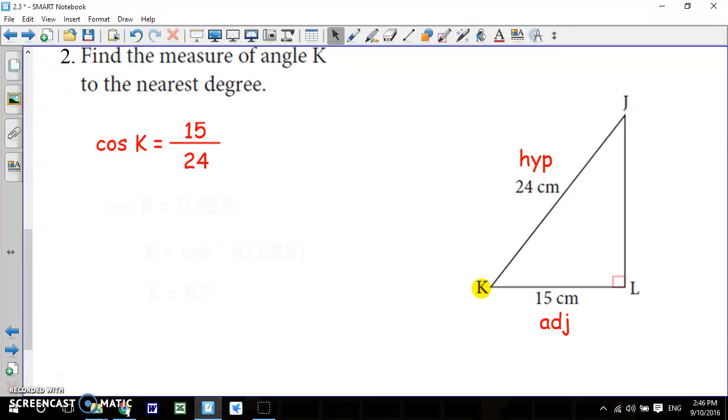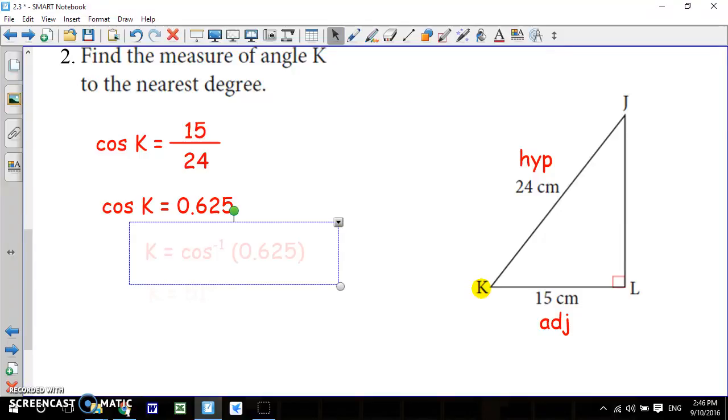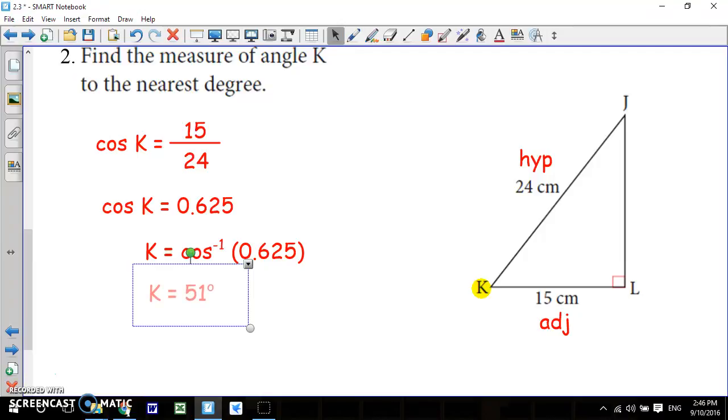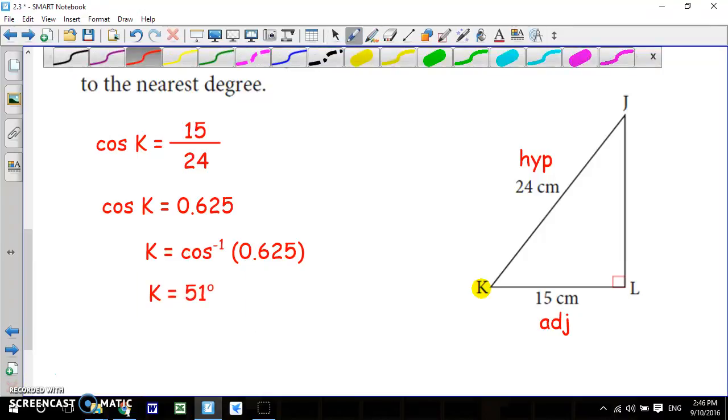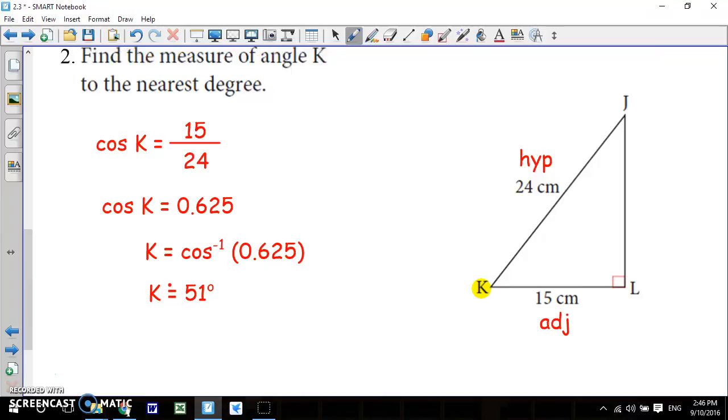Follow the similar steps in the previous example. Cosine K is 0.625. And now to find angle K, you are going to use second function cosine, or inverse cosine, of 0.625 to get angle K equal to approximately 51 degrees.